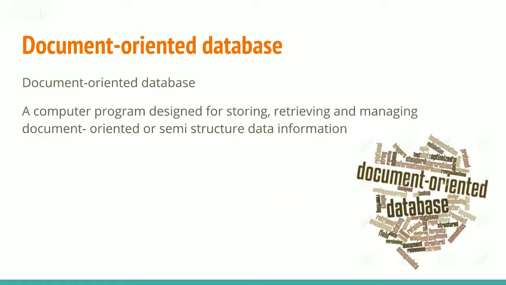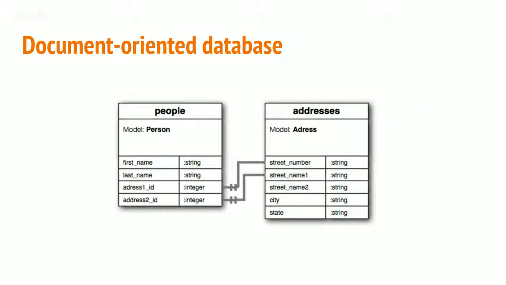The second one is the document-oriented database, a computer program designed for storing, retrieving, and managing document-oriented or semi-structured data information. This is a database about individual information and address.